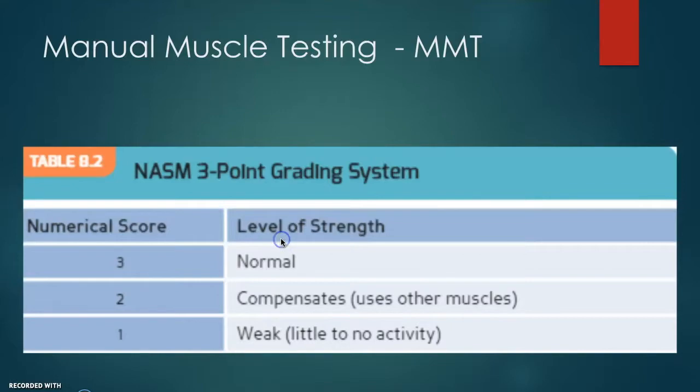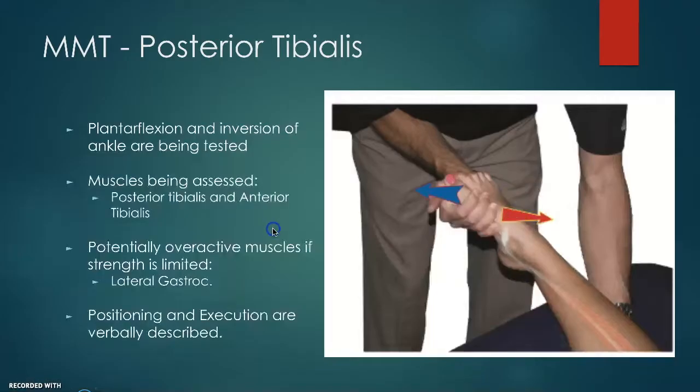Moving on to our posterior tibialis, this test is for plantar flexion and inversion of the ankle. Muscles being tested are the posterior tibialis and anterior tibialis. Potentially overactive muscles where the strength is limited could be the lateral gastrocnemius. For positioning, we have the client lying supine with the knee fully extended, and the ankle placed in plantar flexion and inversion.